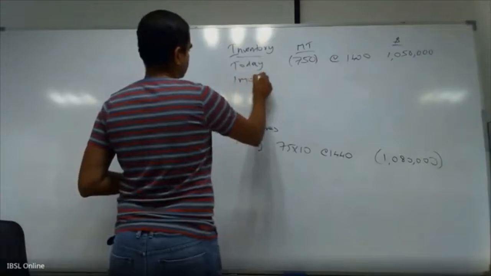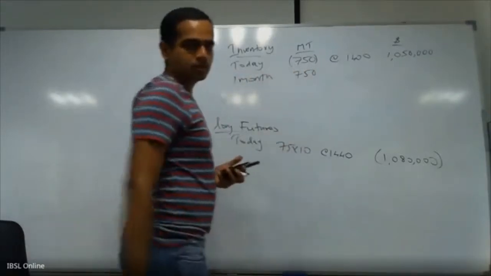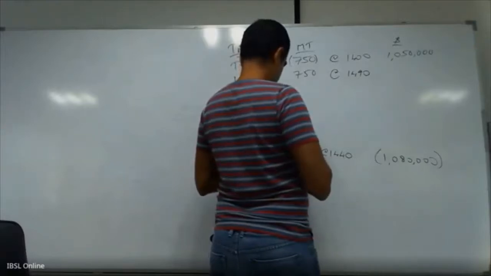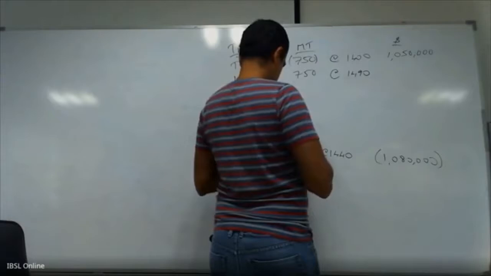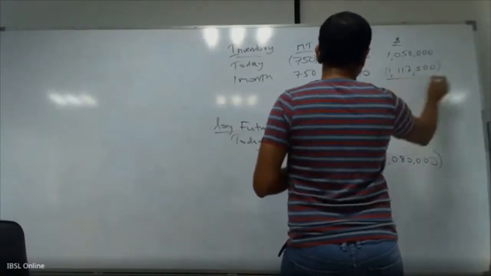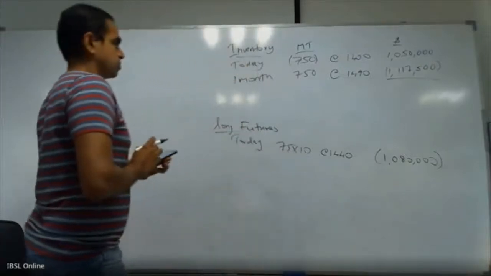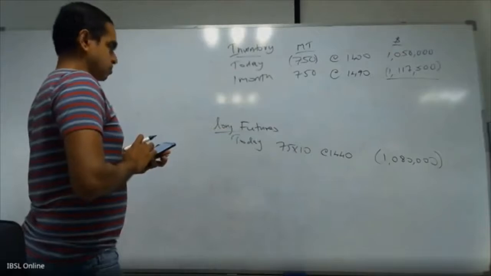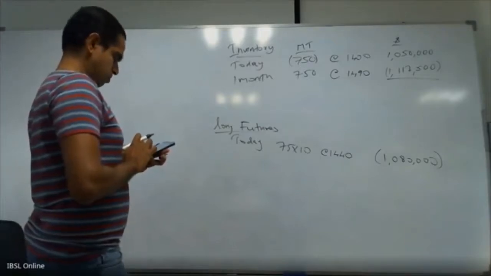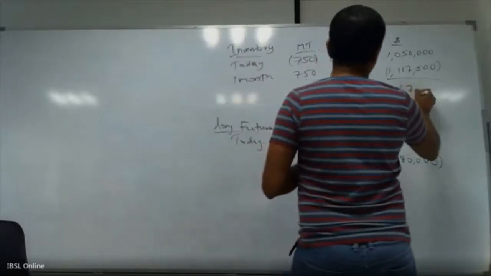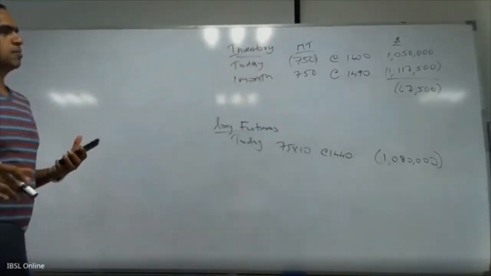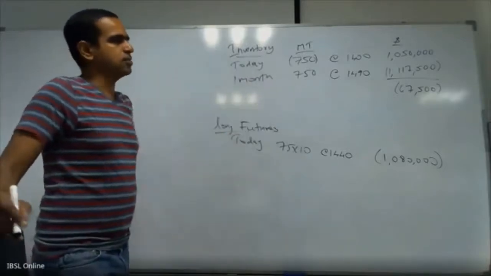So in 1 month, they will buy 750 metric tons at $1,490. Because of cocoa prices going up, they will lose $67,500.